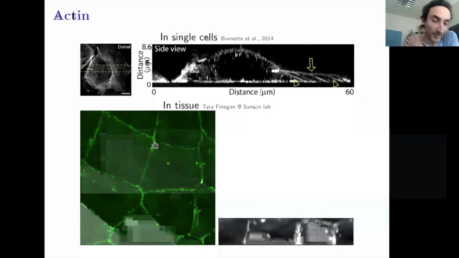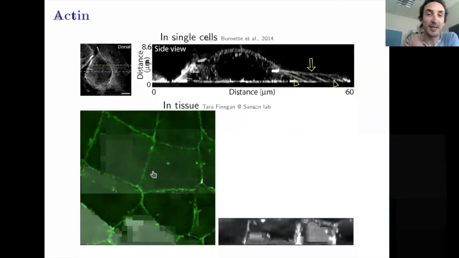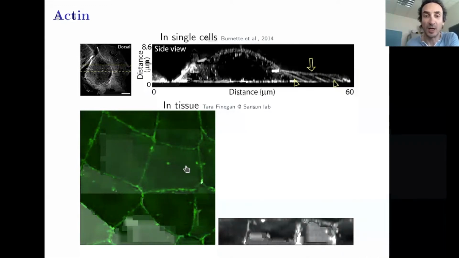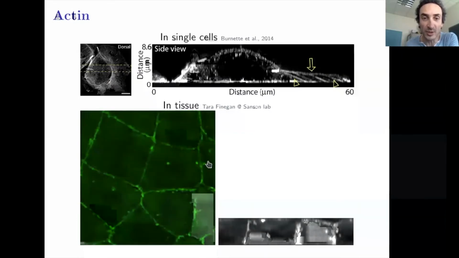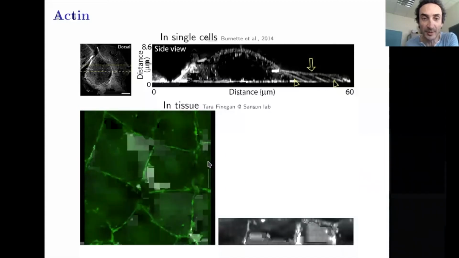In vivo, many cells are in epithelia, which are layers of cells neighboring one another. Here is a top view of such a tissue. And we will fly through, going from the middle of the cells to the top of the cells, the outer part of the cell.